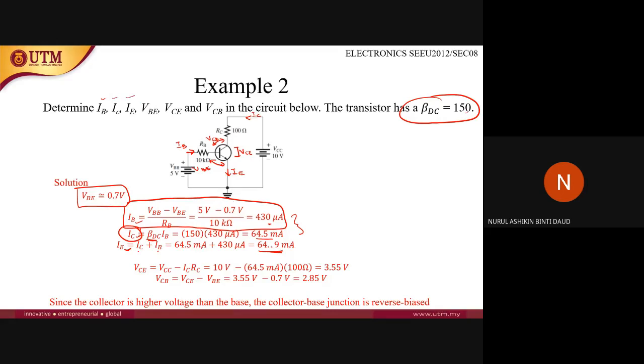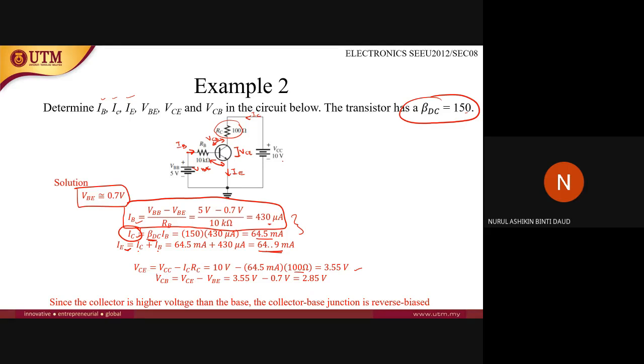So how to find the VBE, VCE, and VCB? First of all, VCE is equal to VCC minus ICRC. Since you know how much current flows here, you can always find the voltage at this resistor. So 64.5 times 100 ohm, you will get 3.55.